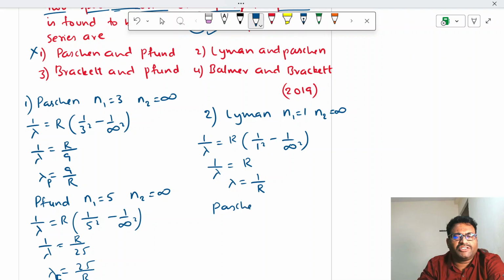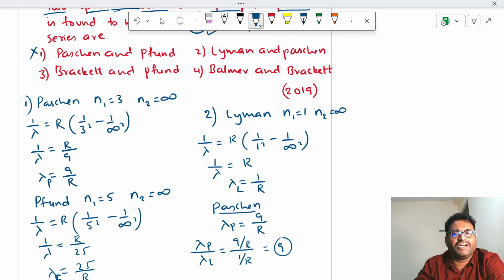Already we have discussed it in the first option. This is the Lyman series, and the Paschen series is 9 by R. If you find the ratio, lambda P by lambda L is equal to 9 by R by 1 by R. Are we getting 9 as a ratio? Yes. So this can be the answer.